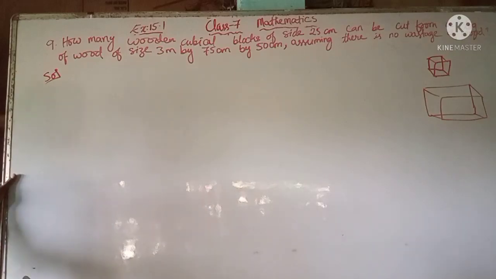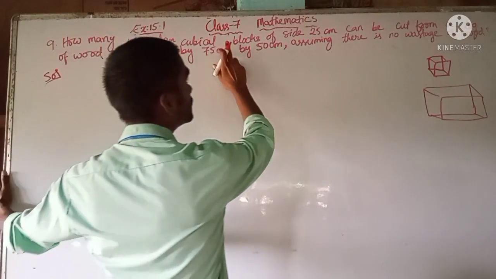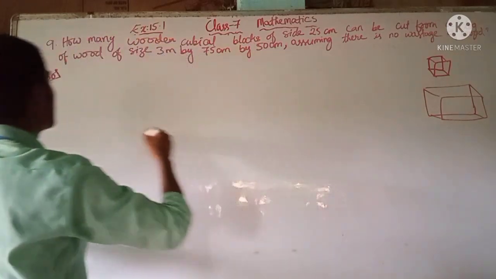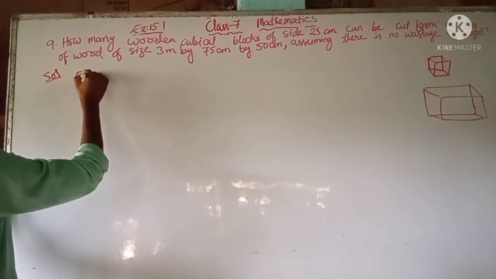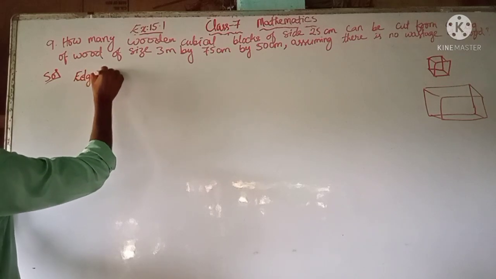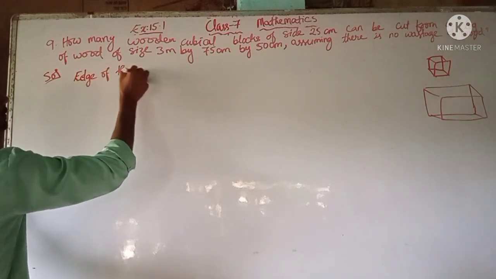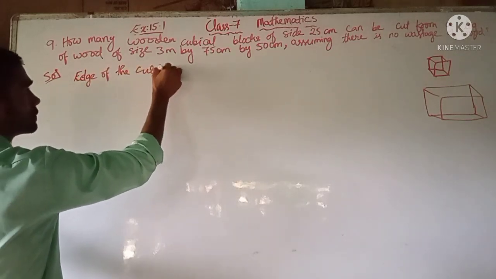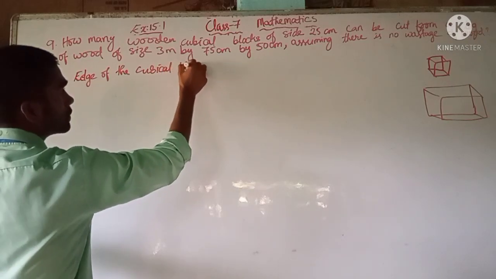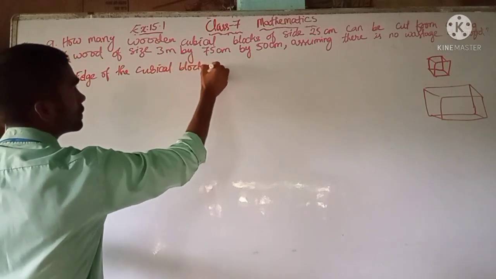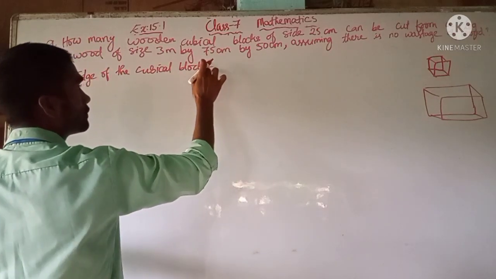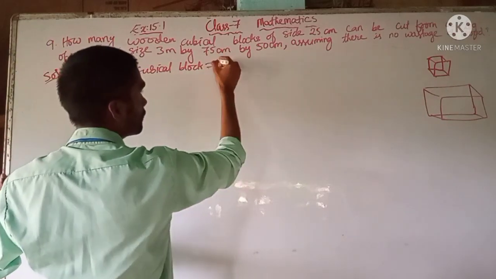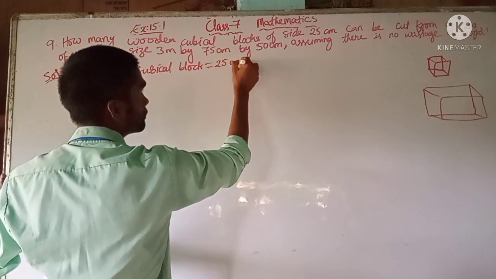First let us write the given value of the cubical block. H of the cubical block is equal to, H of that cubical block, it is given 25 centimeter.